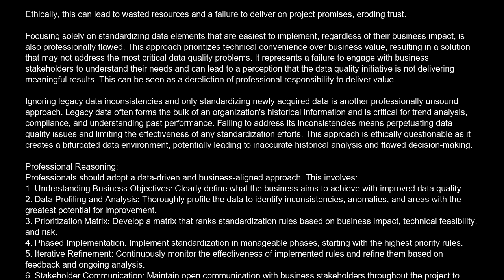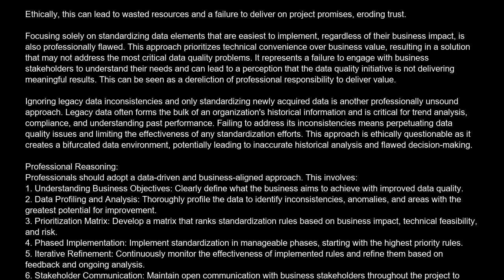This involves: 1. Understanding business objectives. Clearly define what the business aims to achieve with improved data quality. 2. Data profiling and analysis. Thoroughly profile the data to identify inconsistencies, anomalies, and areas with the greatest potential for improvement. 3. Prioritization matrix. Develop a matrix that ranks standardization rules based on business impact, technical feasibility, and risk. 4.